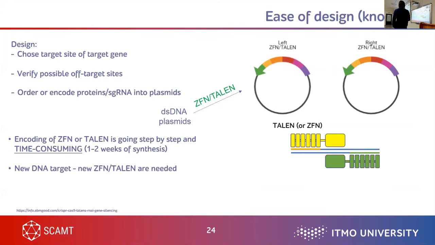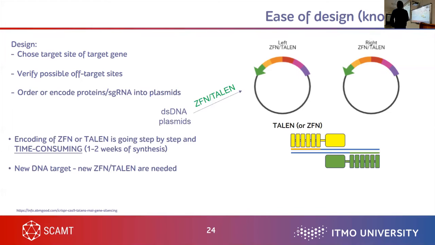Okay, so in the case of zinc fingers, as I said before, this zinc finger or TALEN will be encoded in this plasmid, and the other zinc finger or TALEN will be encoded here.